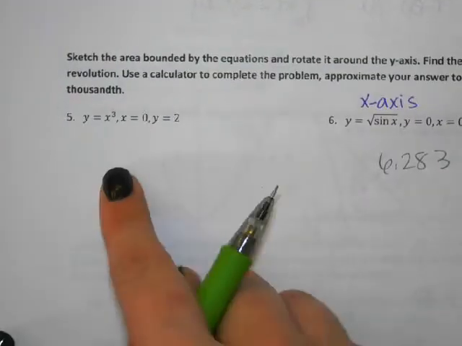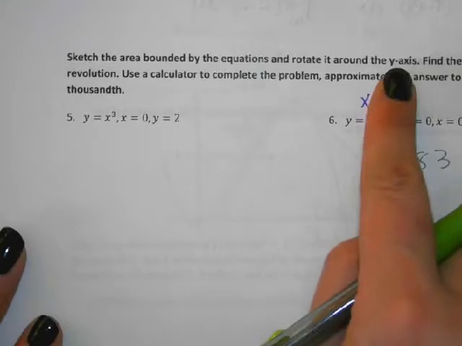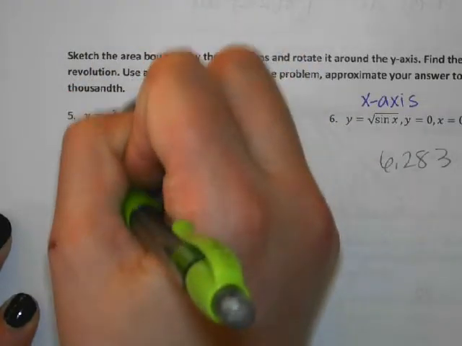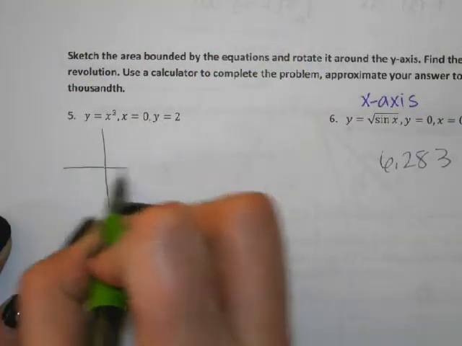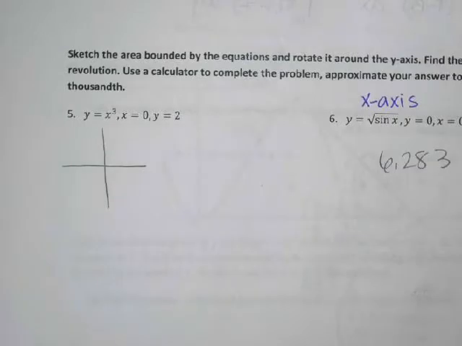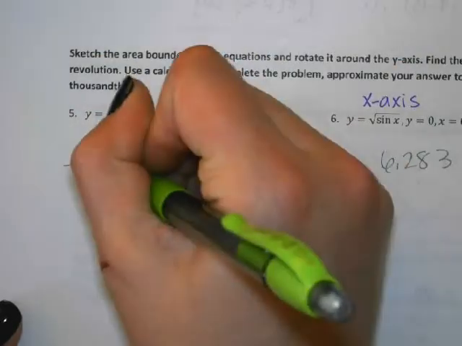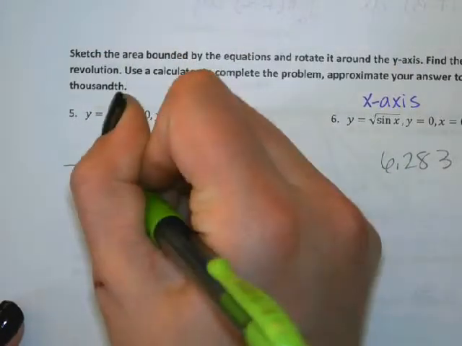All right, for number 5, now we're rotating it around the y-axis. We're just going to use a calculator on this problem, so once we set it up, it's very quick. So I need to draw a picture. What does the graph y equals x cubed look like? Yeah, they call them the S curves. It's kind of like half a parabola going up and half going down.